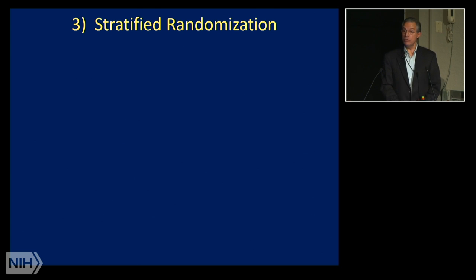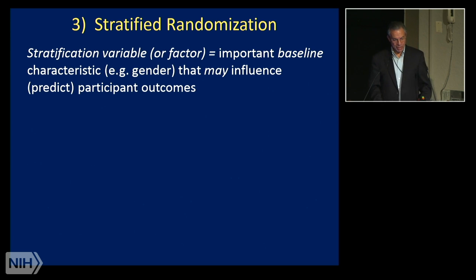Comes to the rescue, stratified randomization. What is stratified randomization? What is a stratification variable or factor? It's an important baseline characteristic, like gender, that may influence or predict participant outcomes. You call gender a stratification variable.